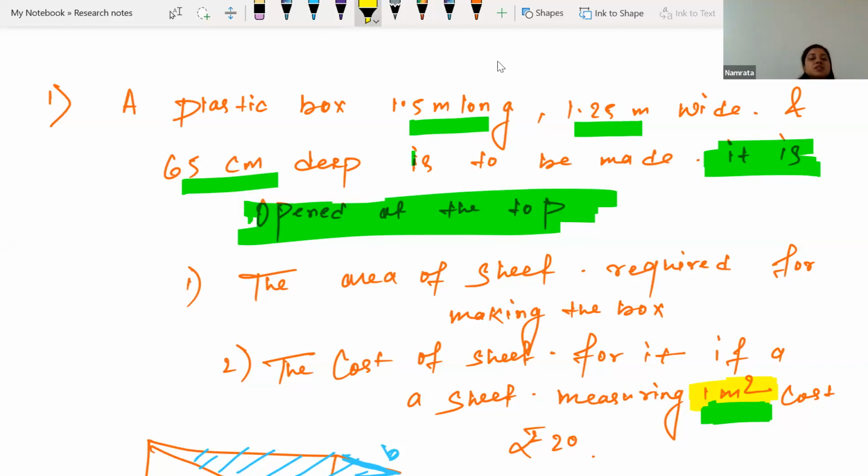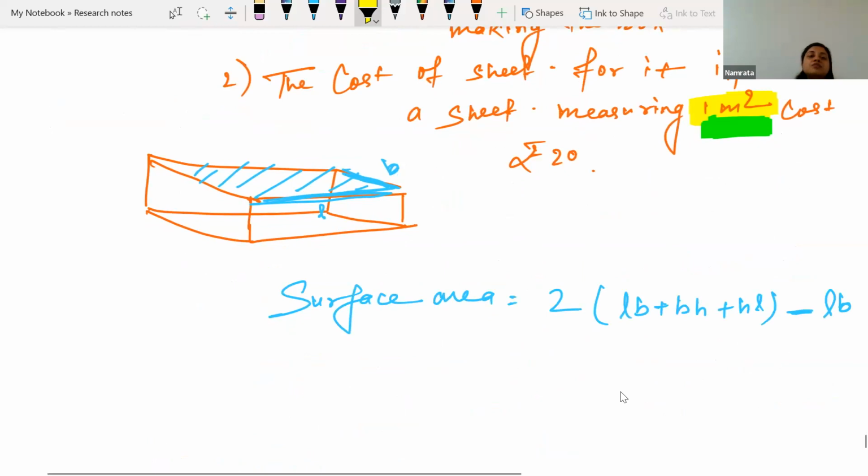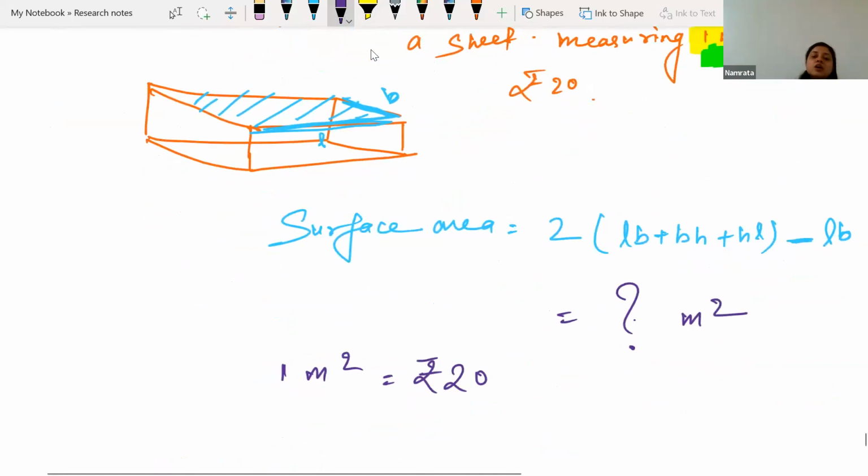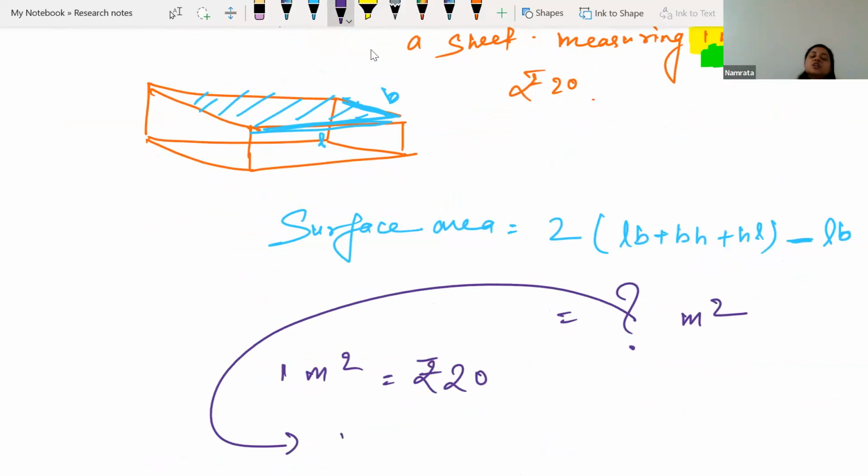That much sheet is required. Now the cost of the sheet is rupees 20 for 1 meter square. So whatever you get in meter square, you have to find the total cost by multiplying it with 20.